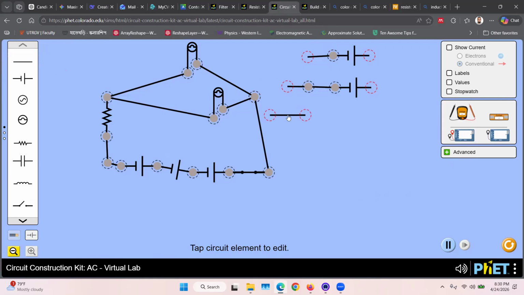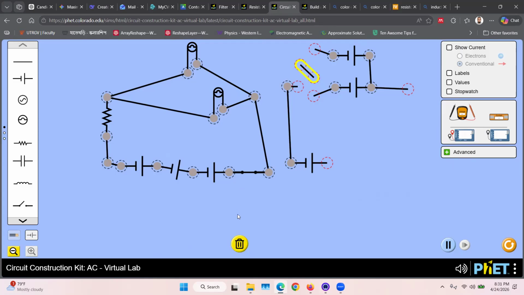When you draw it a different way, I will draw a simple one. Then enter this way, and this way.